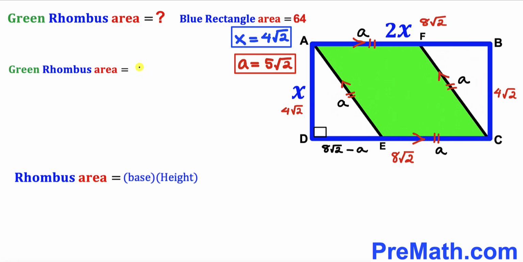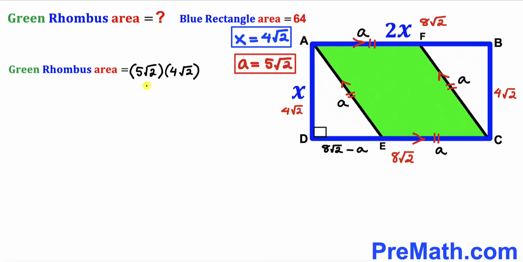So our green rhombus area is going to be 5 times square root of 2 times 4 times square root of 2, and if we multiply, we get simply 40 square units.